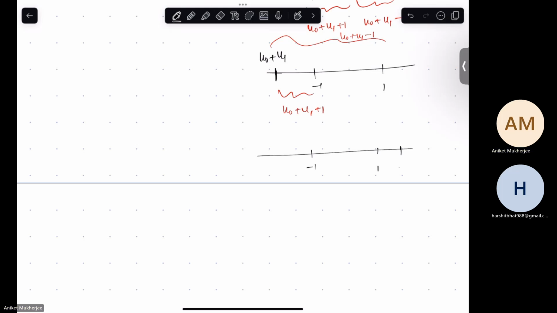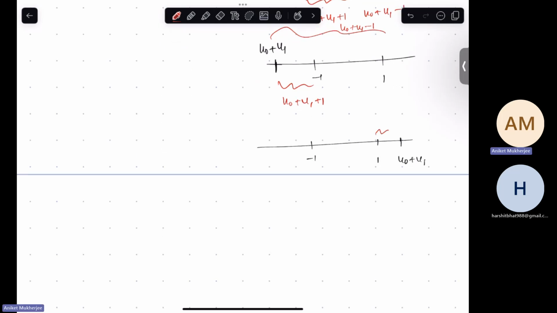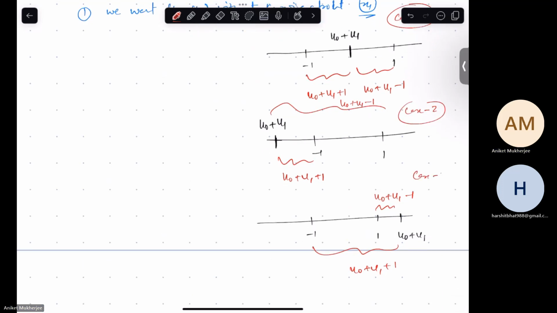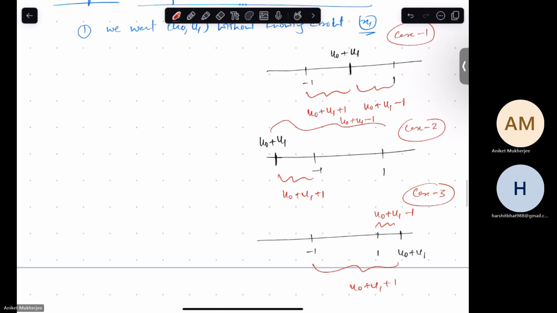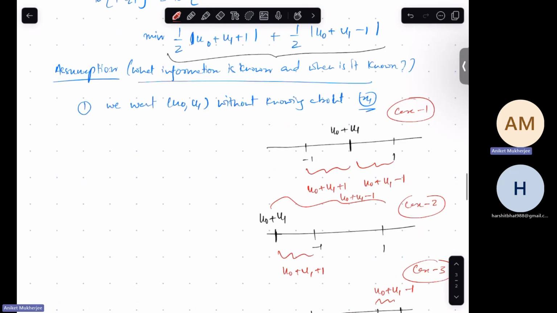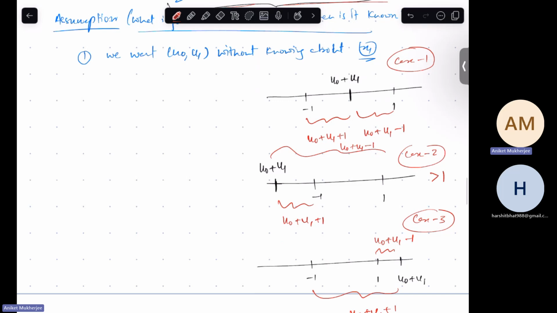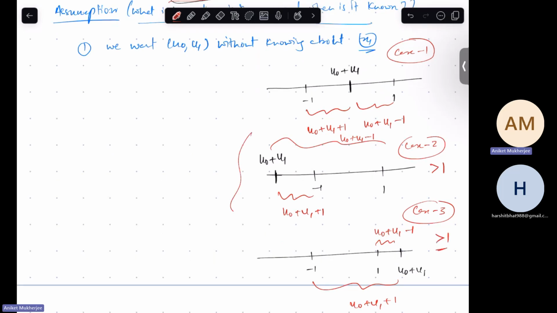And from the plots, you can see that in case 1, this whole term, half mod u0 plus u1 plus 1 plus half mod u0 plus u1 minus 1, is basically equal to 1. And for case 2 and case 3, the objective function is greater than or equal to 1. So only case 1 will be optimal.